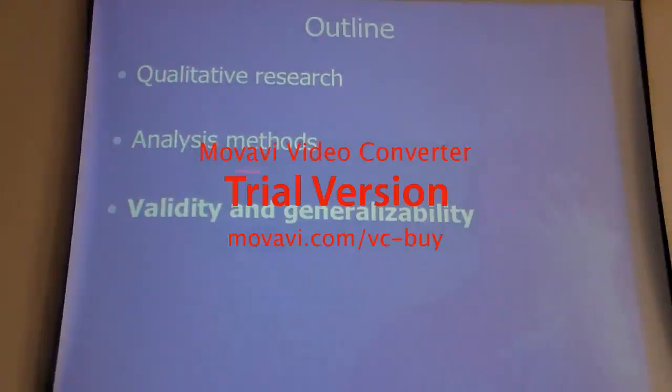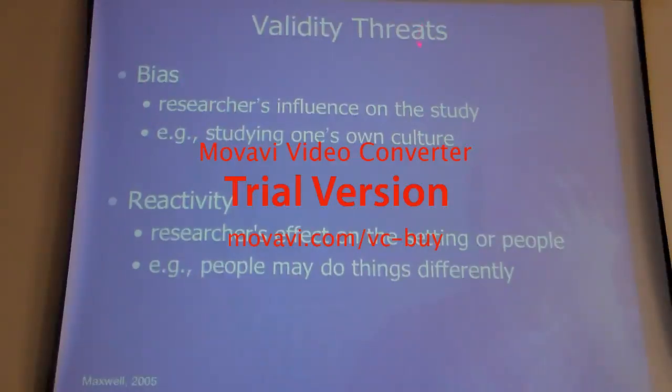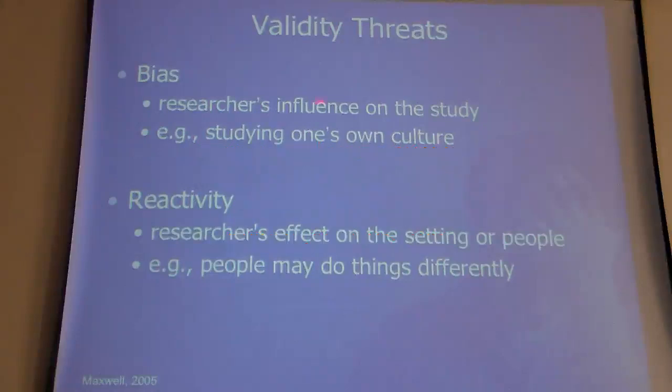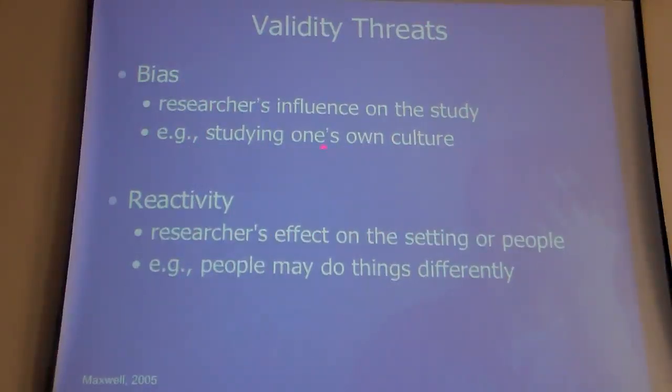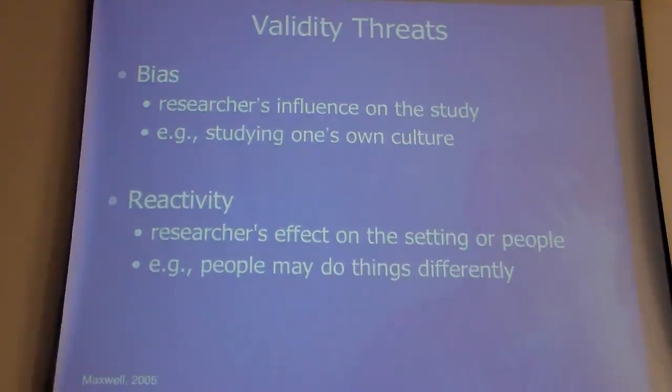The last thing is validity and generalizability. Validity tries to avoid bias from the researchers' influence in the study. For example, when studying one's own culture, you will be biased because you want to praise your culture.